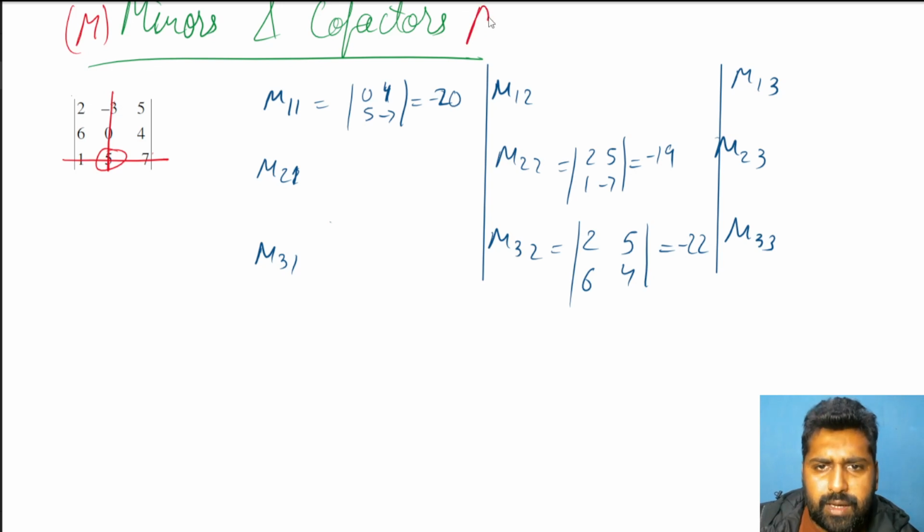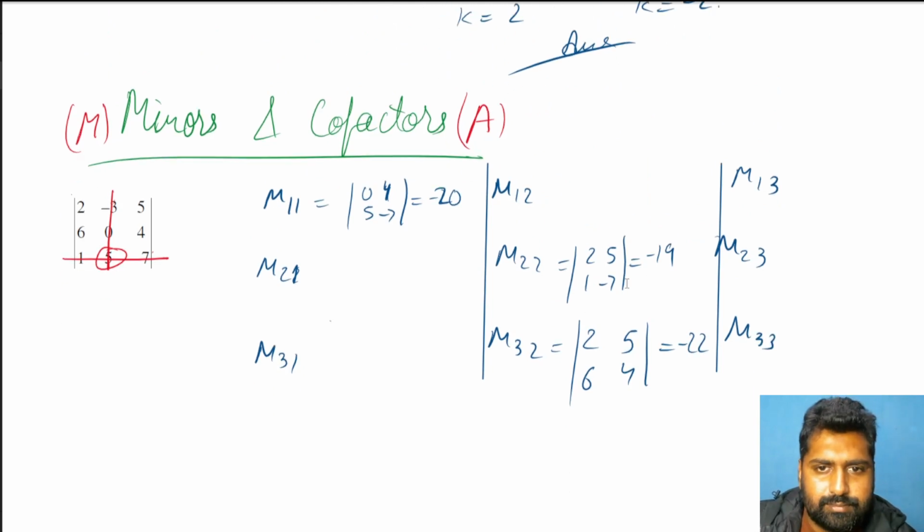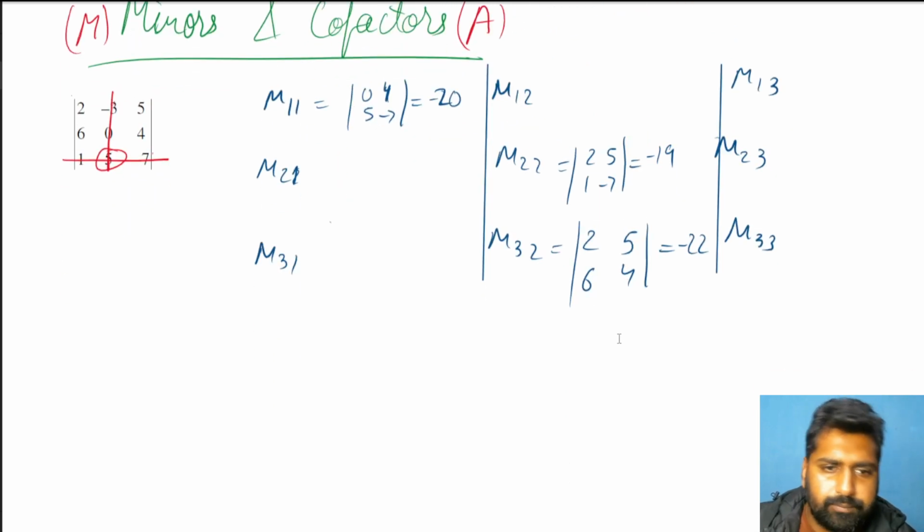Cofactors are represented by A. I know it should have been C, but it's the notation. They are usually represented by A. I do prefer C. So cofactor, let's say C11. We have already calculated M11. C11 is nothing but minus 1 raised to power 1 plus 1, times M11.